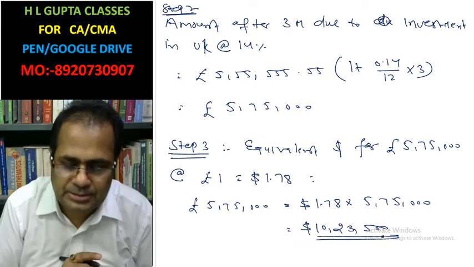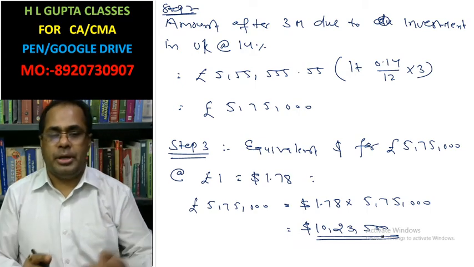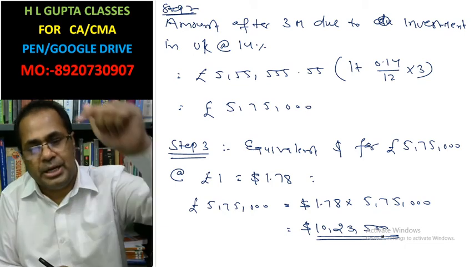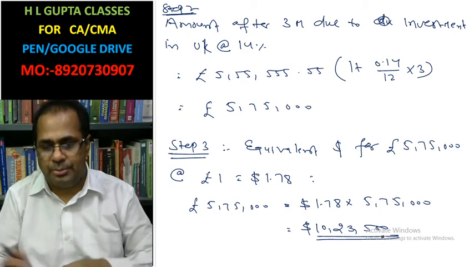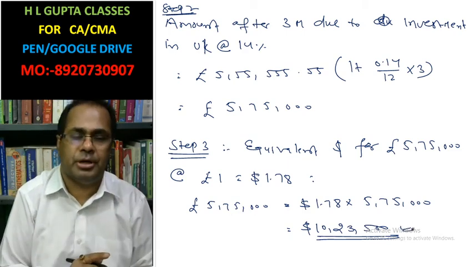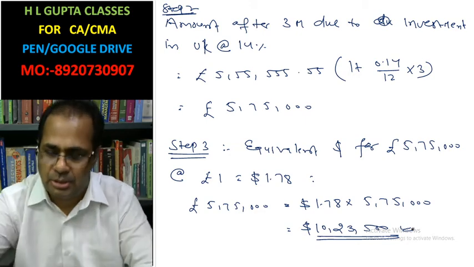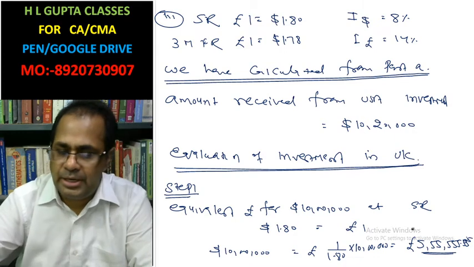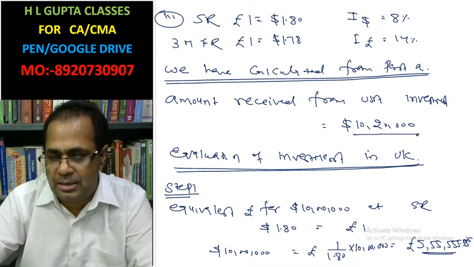In this case, the amount after 3 months due to investment in UK is 10 lakh 23,500, and due to investment in USA, 10 lakh 20,000.